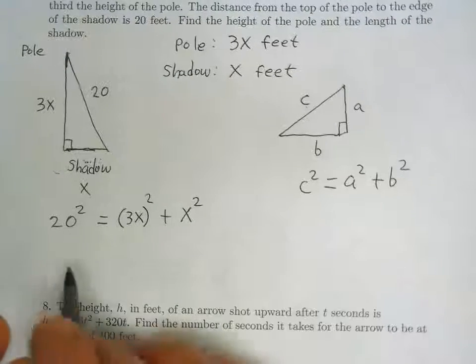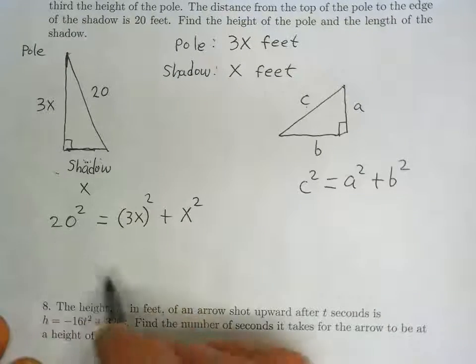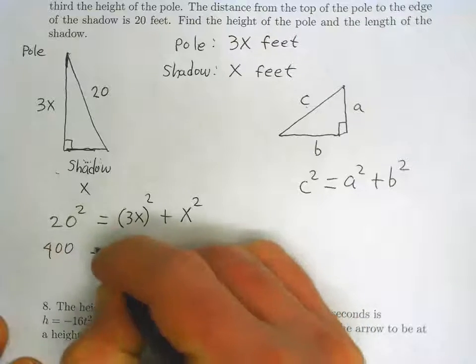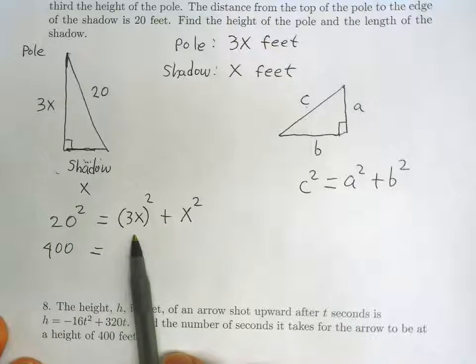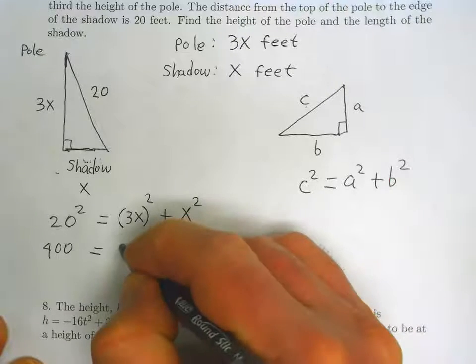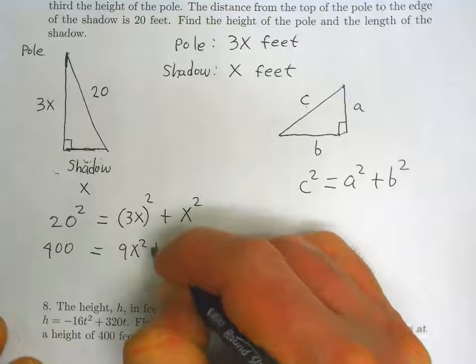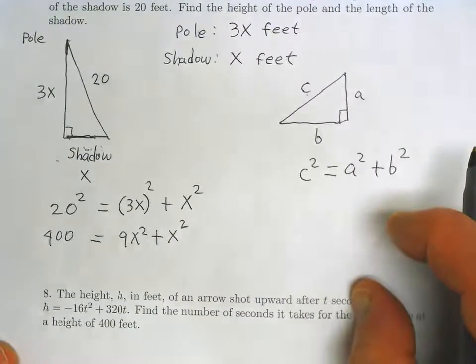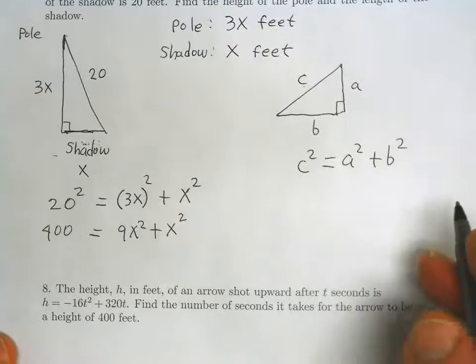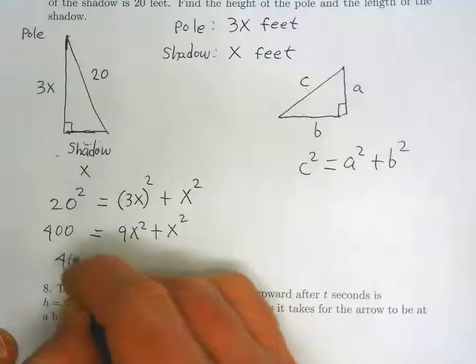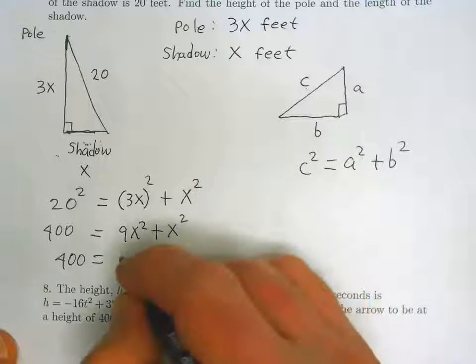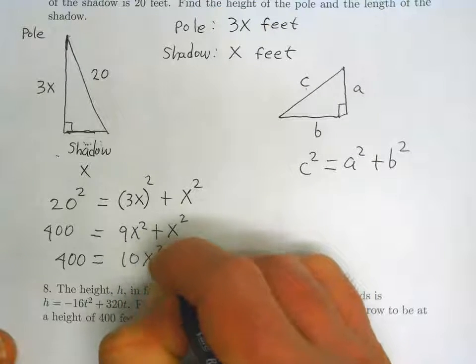Okay, in the next line, 20 squared is 20 times 20, that's 400. When you square the term 3x, that's 3x times 3x, which is 9x squared, and we're adding that to x squared. And then combining like terms, 9x squared plus 1x squared is a total of 10x squared.